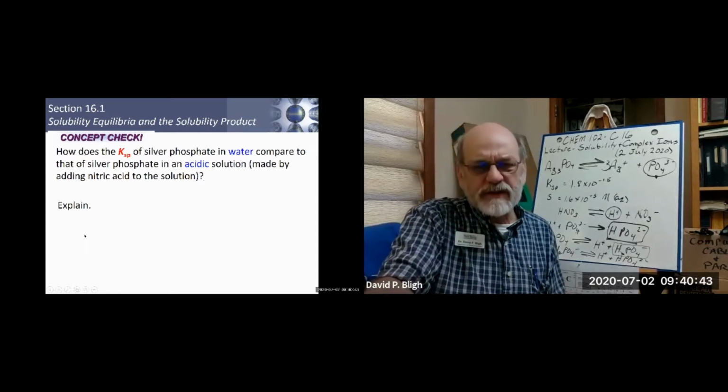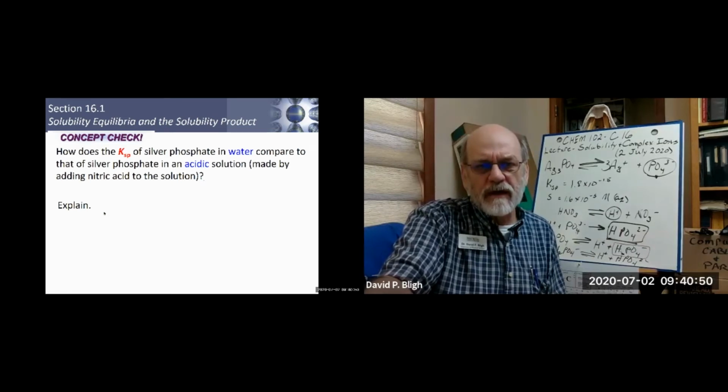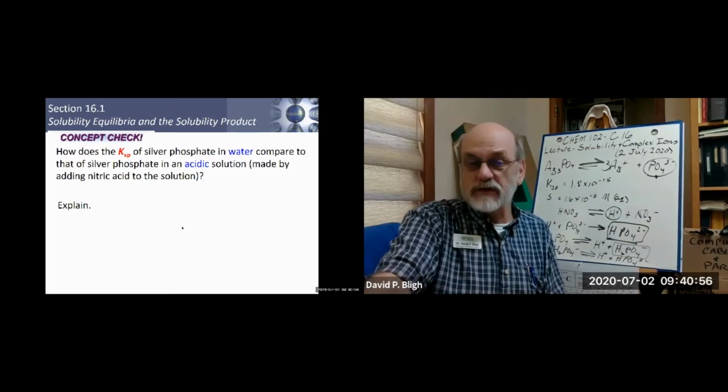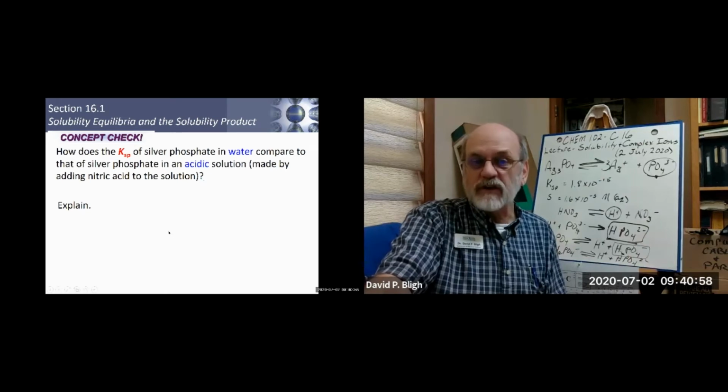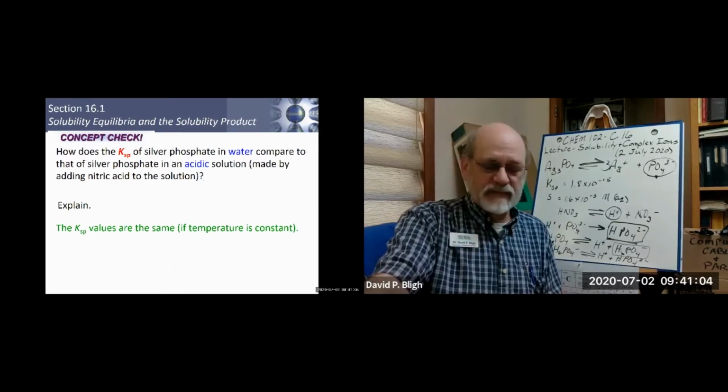So how does the KSP of silver phosphate in water compare to the KSP of silver phosphate in acidic solutions made by adding nitric acid to the solution? Well, we just explained it, but we didn't quantify it. The KSP, of course, is the same.